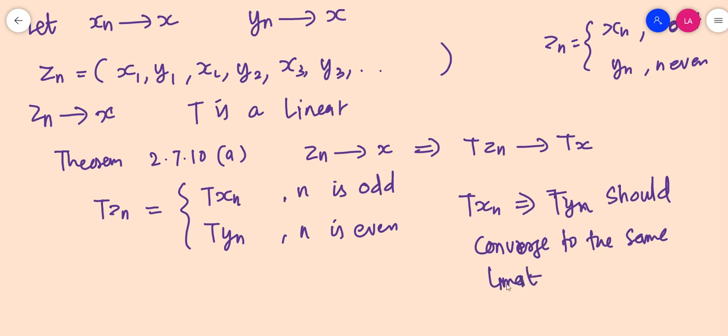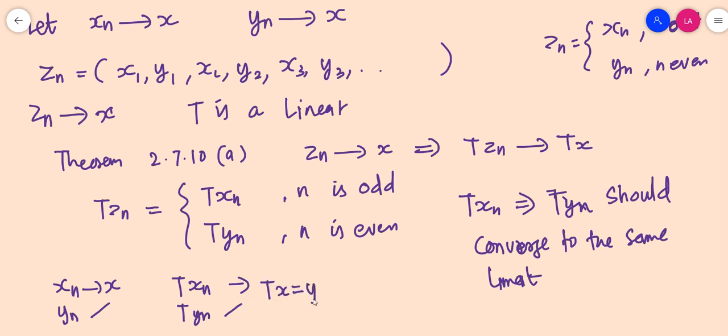That is, we have taken two sequences xn and yn, both of them converging to x, then T of xn and T of yn should converge to the same limit T of x.